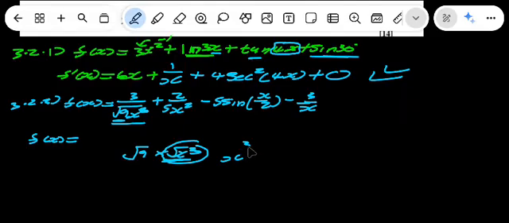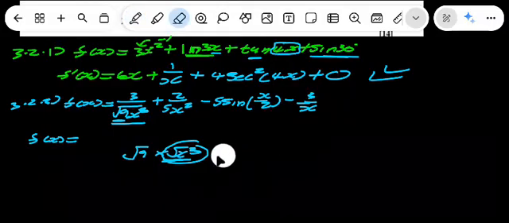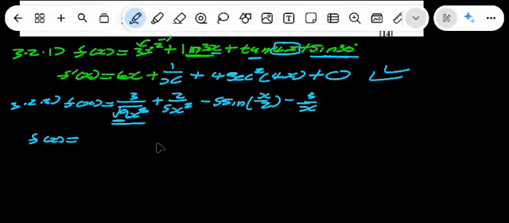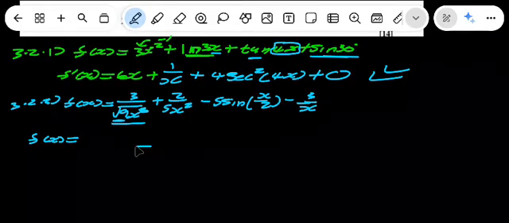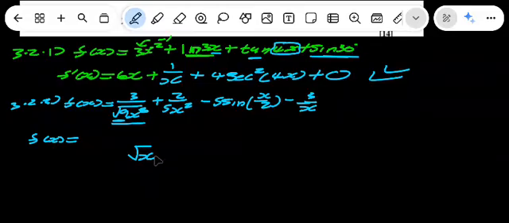I hope you remember this rule: the square root of x raised to the power of 3 will be equal to x with 3 over 2. Do not make mistakes here.